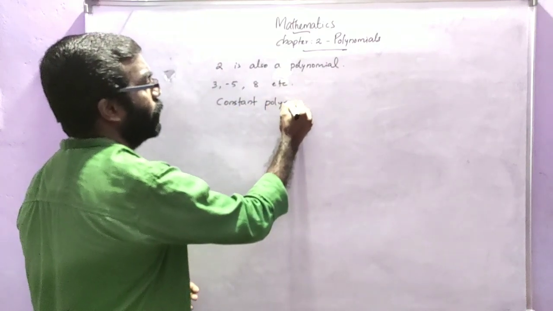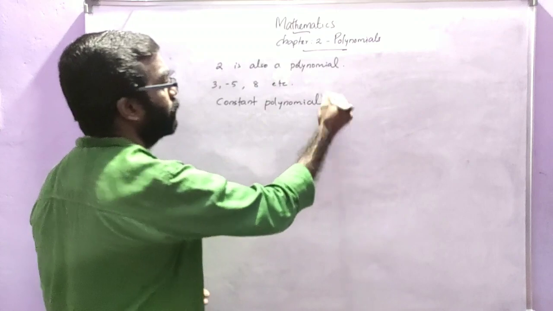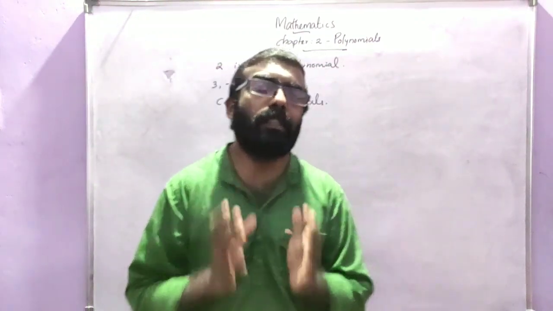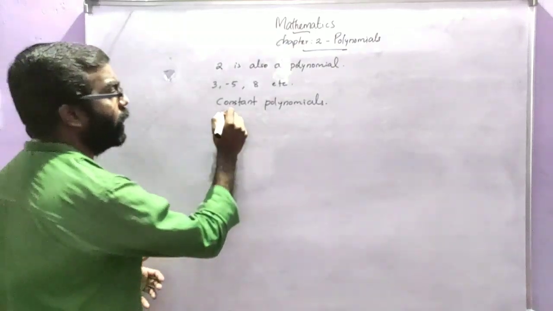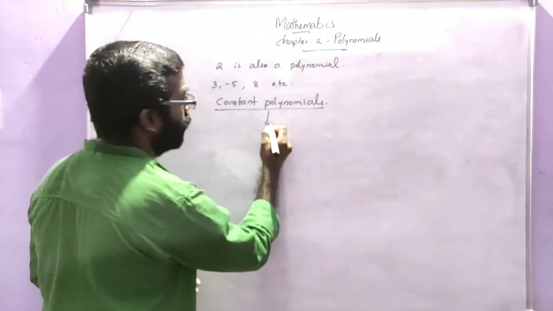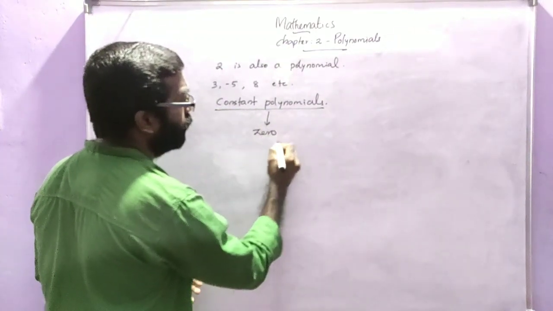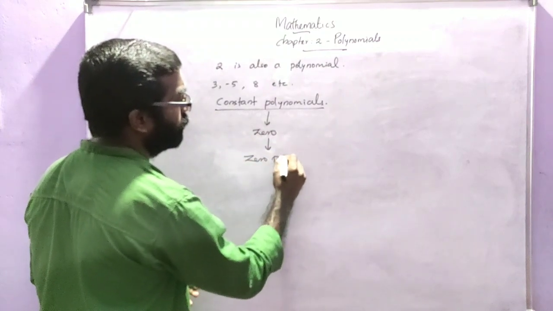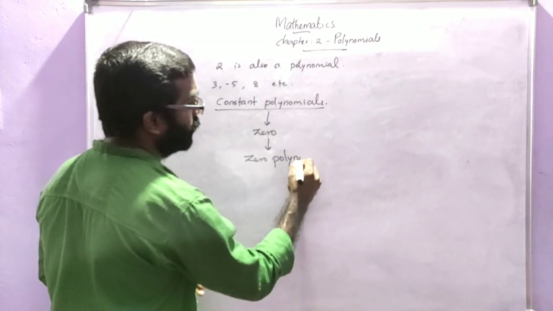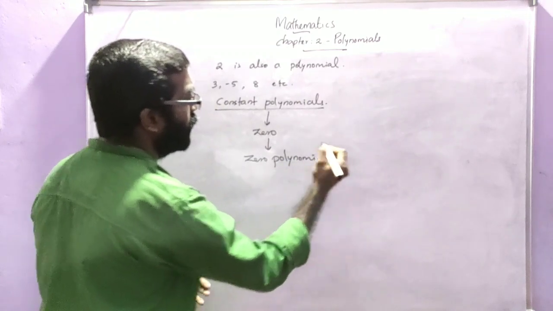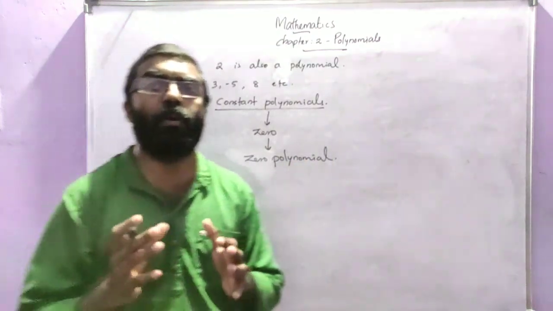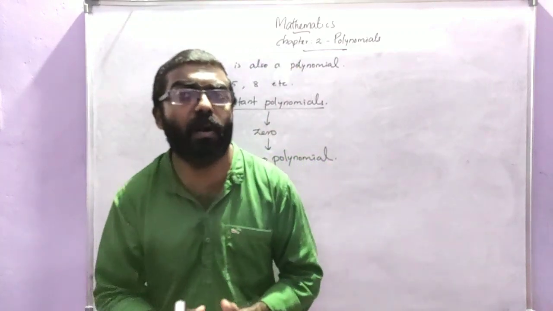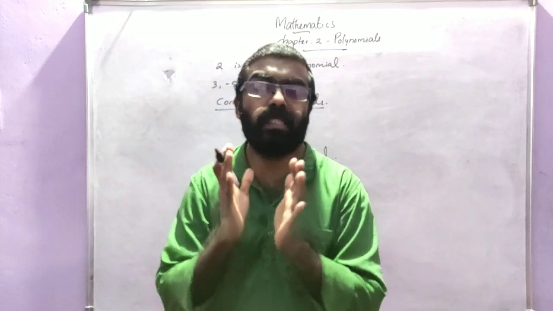Okay, and the constant polynomial 0 is called the zero polynomial. It's very important. The constant polynomial 0 is called what? Zero polynomial. This plays a very important role in the collection of all polynomials, as you will see in the higher classes.